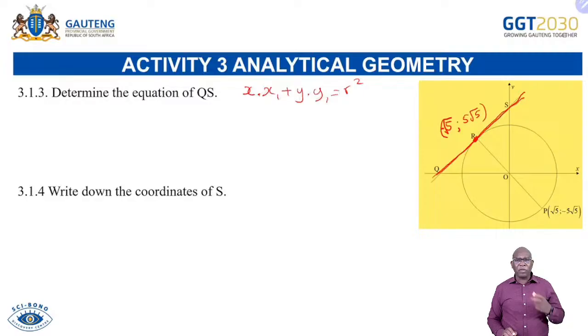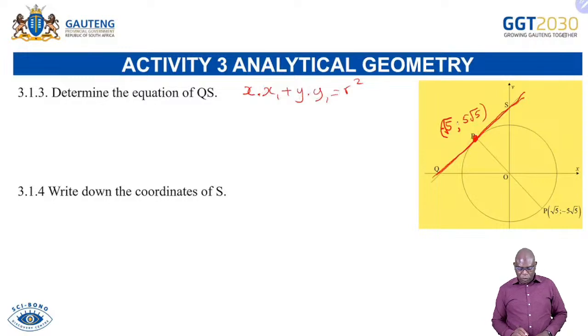I know some of the teachers are using it, and everyone loves this formula because it takes you directly to the equation. You don't have to get the gradient of this line and the gradient of the other line. You make mistakes with the gradients, and then you mess up everything. We're just going to use this point. We don't need the gradient. We just need one point.